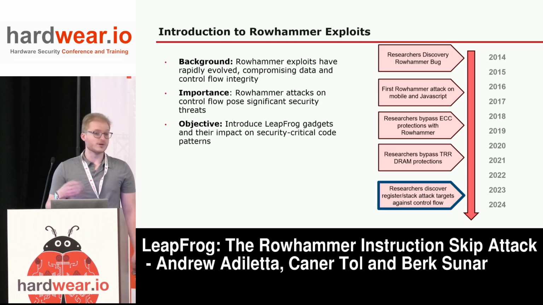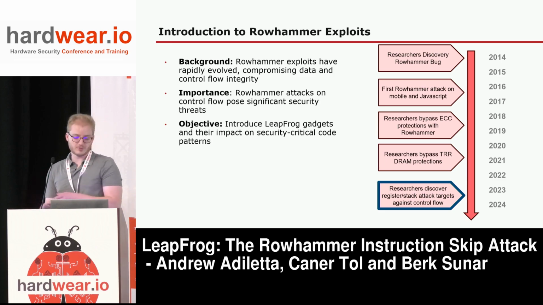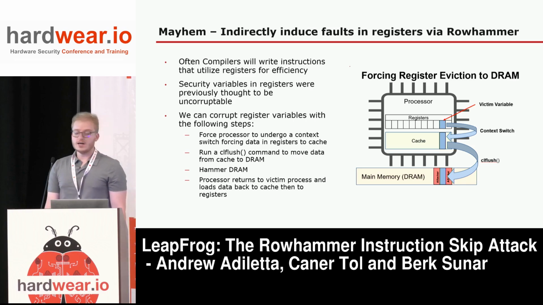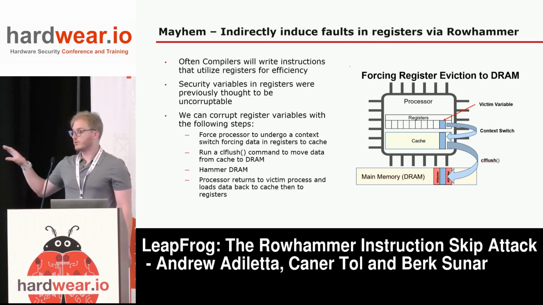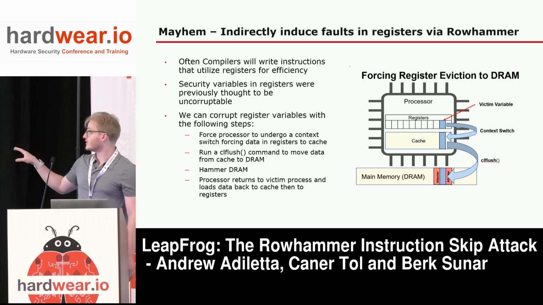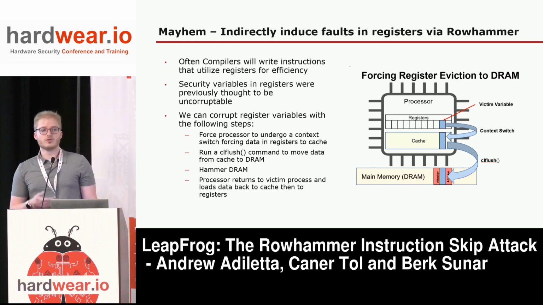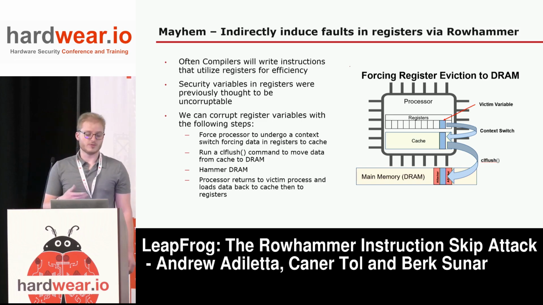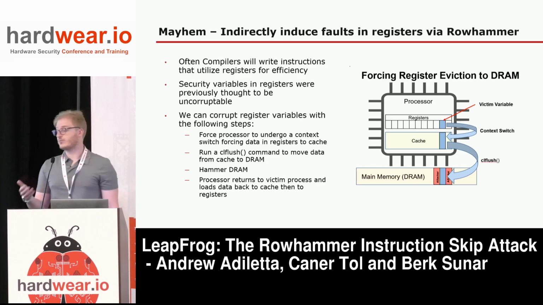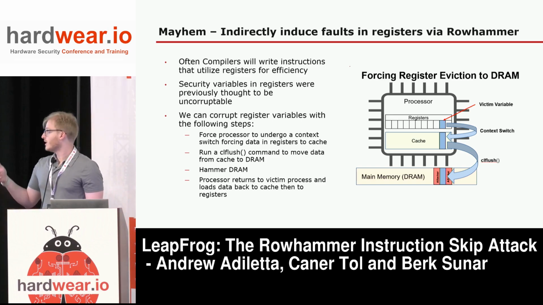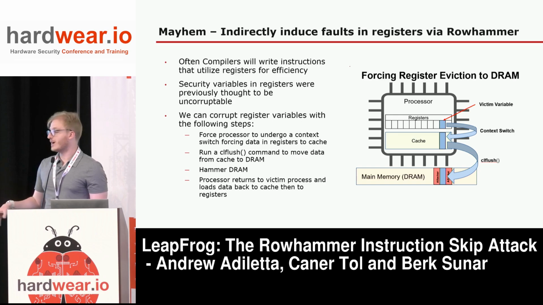So I'm going to talk about that briefly because it's what led into this LeapFrog research. The paper that we published was called Mayhem. We published it to Asia CCS. The way that works is register values often store really sensitive variables involved with logic for security. What we found is that during a context switch, registers are pretty limited resources, so the values in the registers get pushed out to cache.